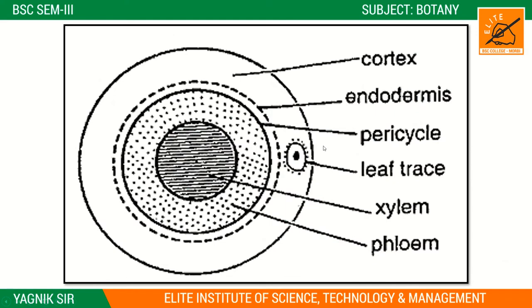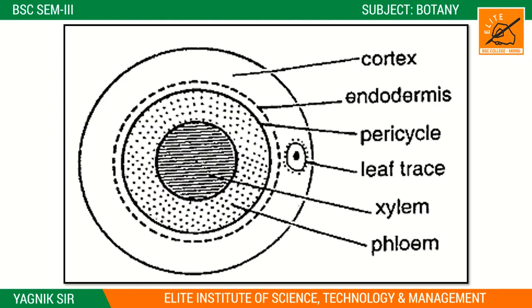And another term is leaf trace. So what is a leaf trace? Actually this leaf trace is a very thin vascular bundle, and it is present in the stem, right? Normally leaf traces are present in the stem, and the leaf trace extends to make connections with the leaf, right?